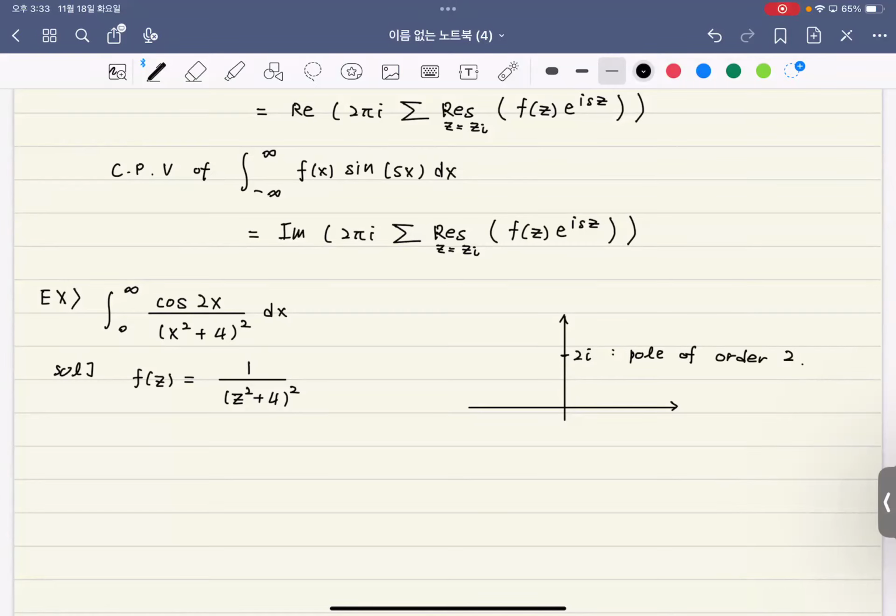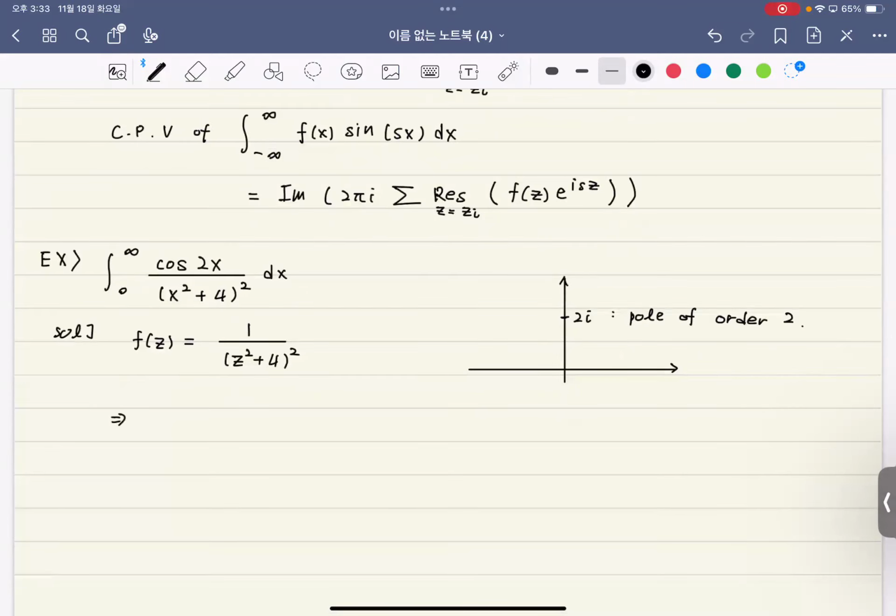So we want to compute, this time around, with our parameter s equal to 2, e to the 2 times i times z. So this guy also has a pole of order 2 at this point. Let me try to compute the residue.